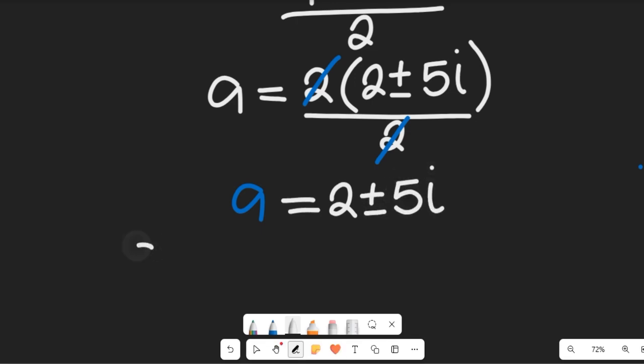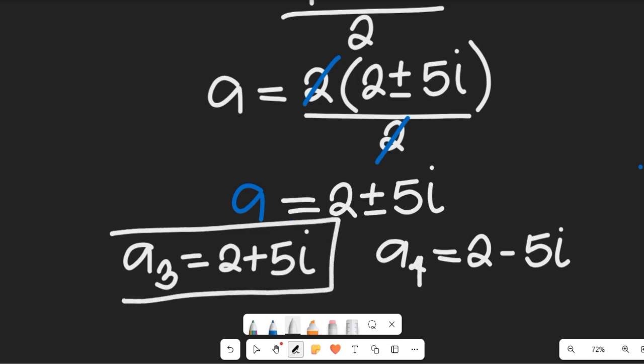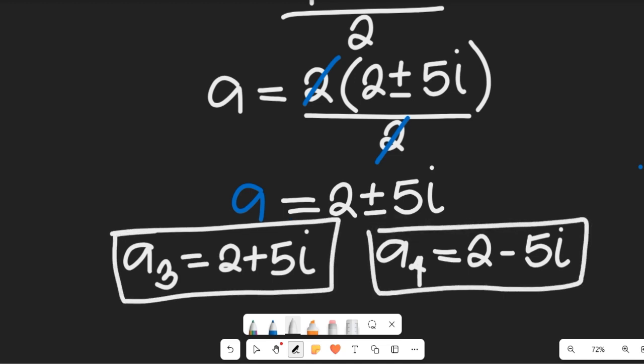So from that expression, our a3 can be equal to 2 plus 5j, and then our a4 can be equal to 2 minus 5j. While this is a solution which is complex, this is also a solution which is complex.